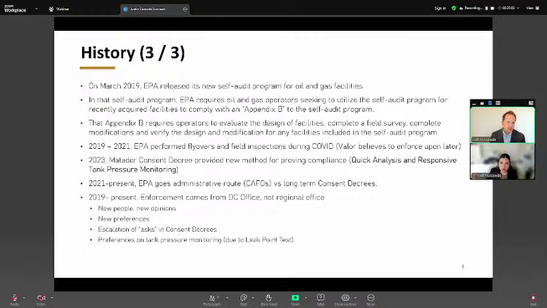And basically that started the enforcement of more consent decrees, more CAFOs, which is consent agreement and final order, and these long-term consent decrees. And so now, because of all these things that built up in Colorado as the kind of epicenter, we now have this enforcement from the US EPA coming out of the DC office, controlling all of these violations coming off tank vents.